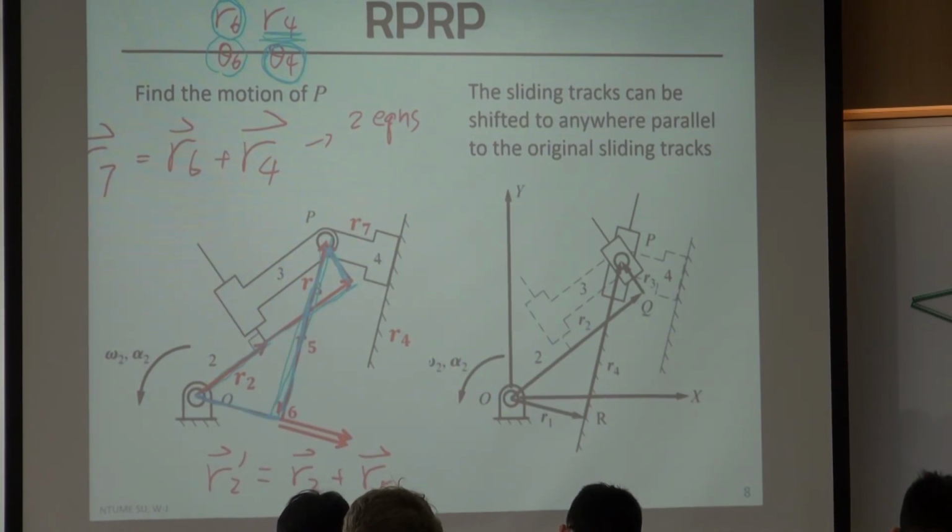The very first equation is for the original vector loop we drew, but we can modify the original vector loop in this way. And when you compare these two mechanisms, you will find you can draw exactly the same vector loop in this second mechanism.